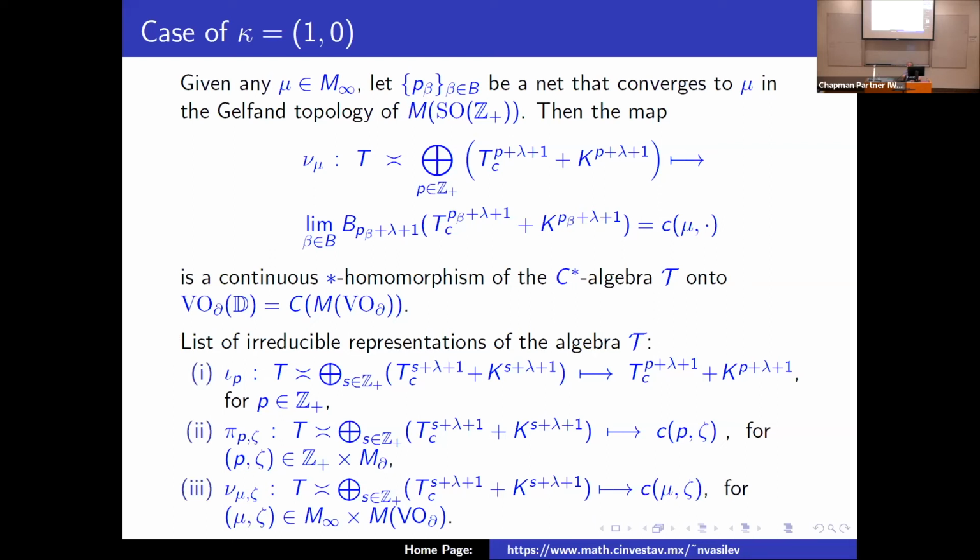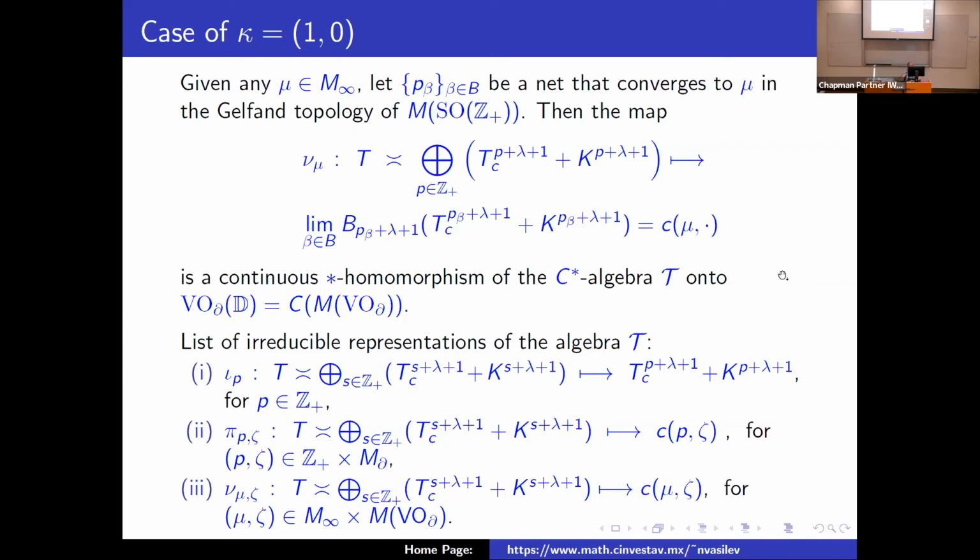characterize all irreducible representations. First of all, we have the infinite dimensional representation, which sends each Toeplitz operator to its restriction onto the corresponding level, onto the corresponding invariant subspace. Then the one-dimensional representation: first we restrict to the corresponding level, and then we consider the Fredholm symbol, take the quotient and fix a point of its domain.